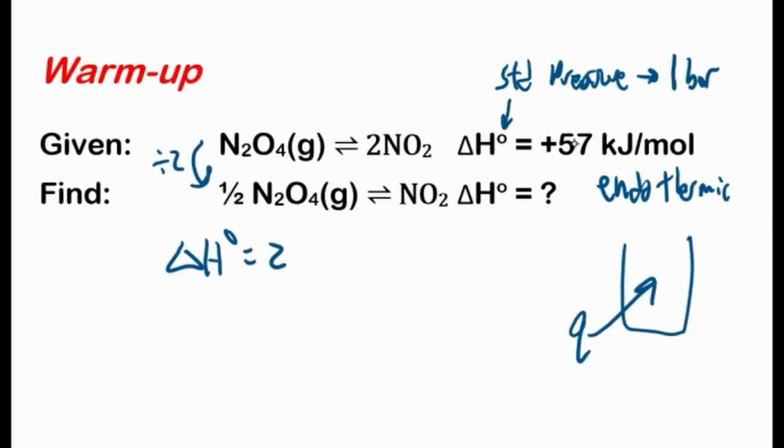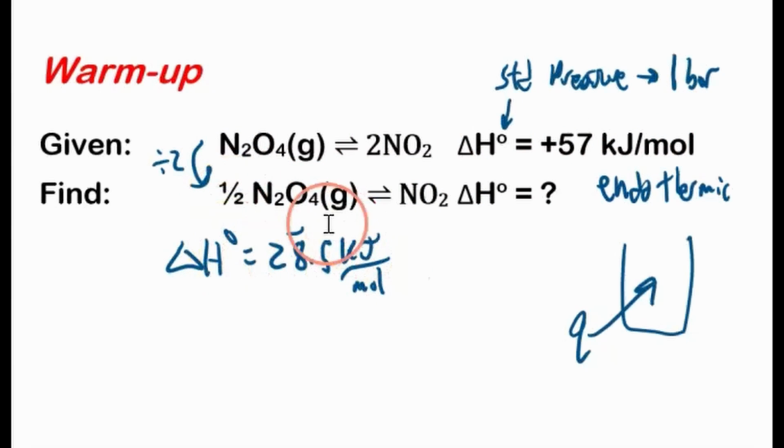I should be able to do this in my head. 28.5 to 2 sig figs. 28.5 kilojoules per mole. We didn't change the per mole, but the per mole means per mole of the reaction.